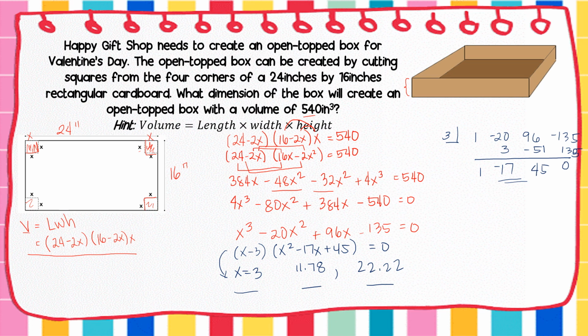No. Why? Let's plug them into our working formula. When we use 3, we have 24 minus 2 times 3, 16 minus 6, times 3. 24 minus 6 is 18 times 16 minus 6, 10, times 3.